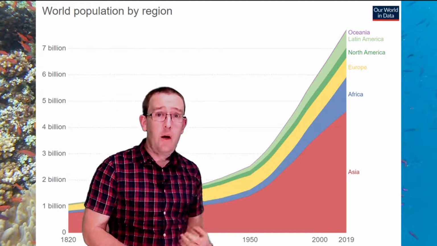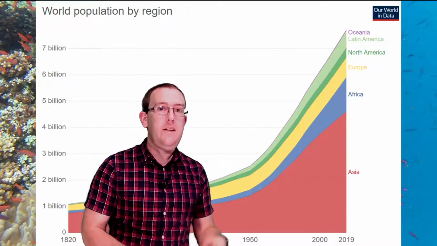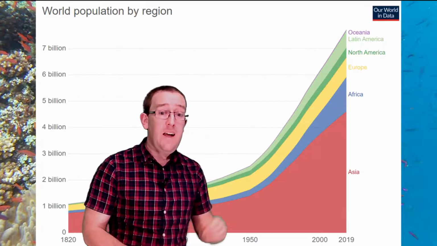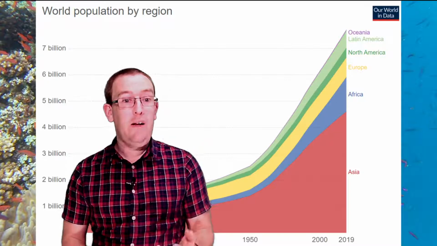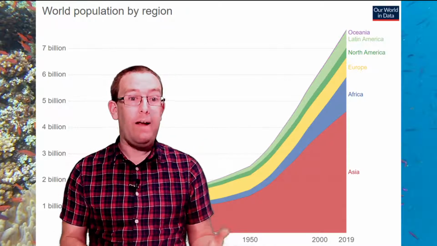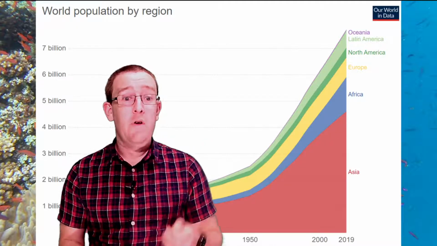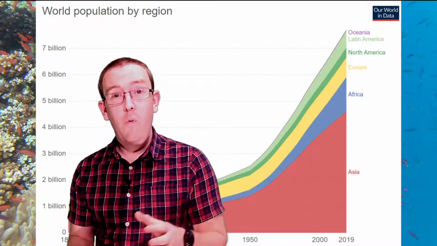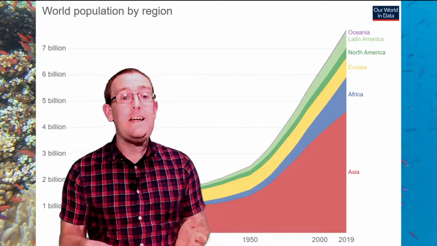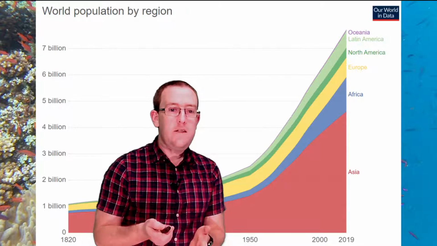So that's gone up sevenfold in the last 200 years. It's gone up more than double in people's lifetimes. So there are people around now who actually remember a time when the world's population was half what it is now. That is insane.